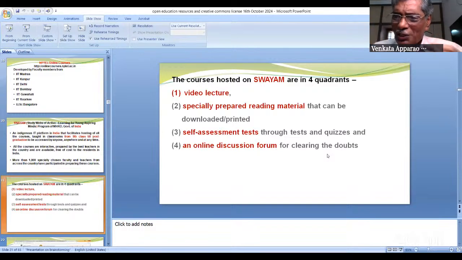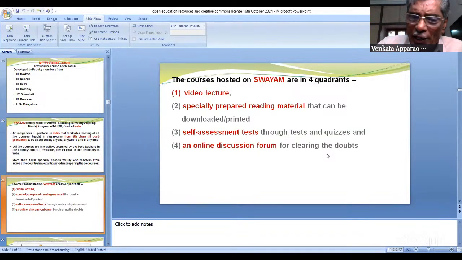If they are thorough in the self-assessment test, that means they have learned the subject. If they are not thorough, they can watch the video again, learn the learning material once again, and appear for a different self-assessment test. A series of self-assessment tests will be available in the course.